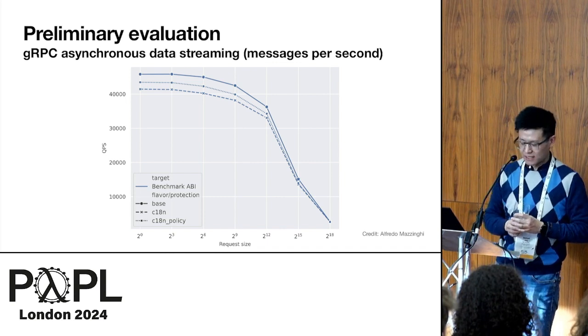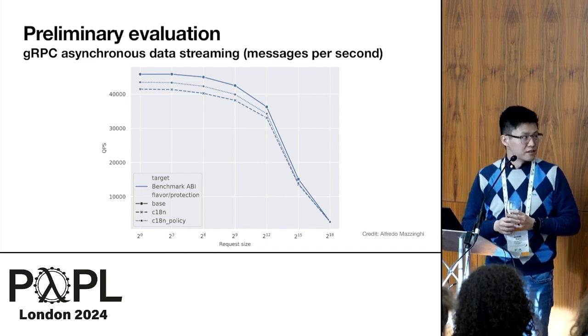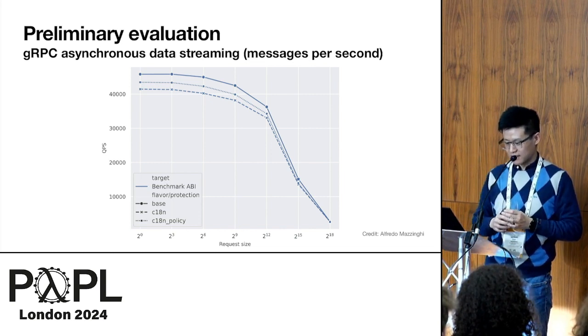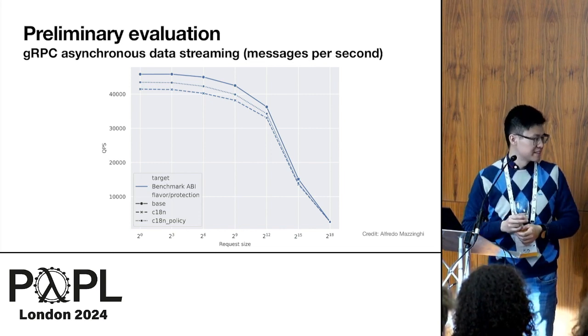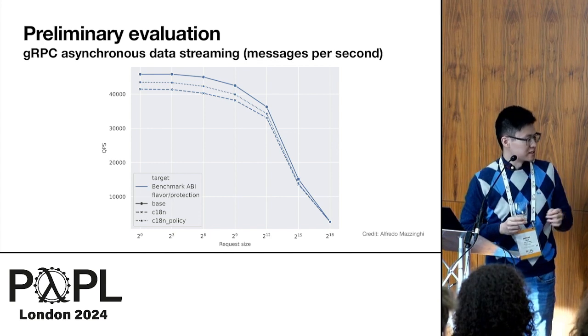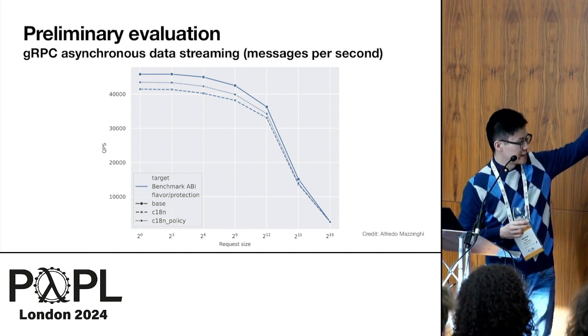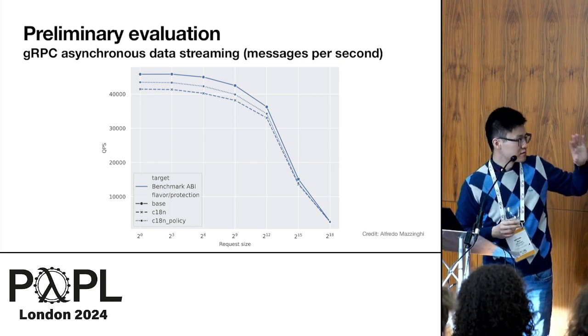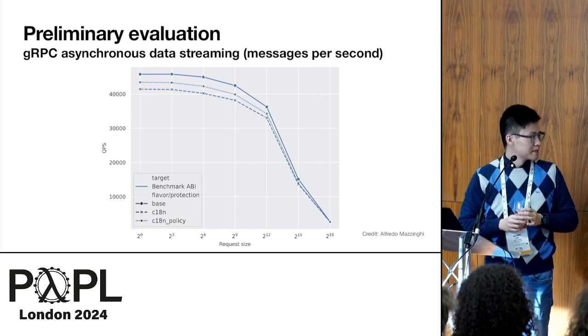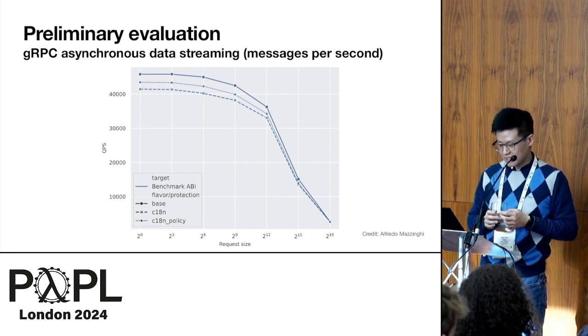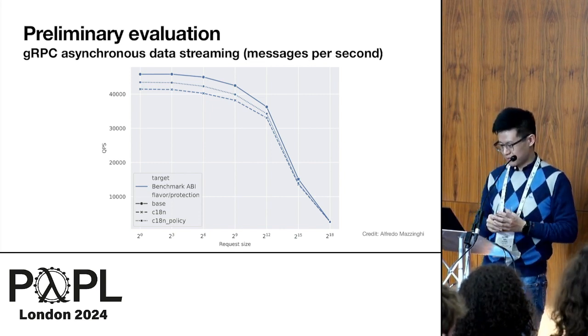And you can see 3 lines here. The top line is the ideal performance. It's run using the benchmark ABI without any compartmentalization involved. By the way, the y-axis stands for QPS, which is like messages per second. And the x-axis is the size of each request.